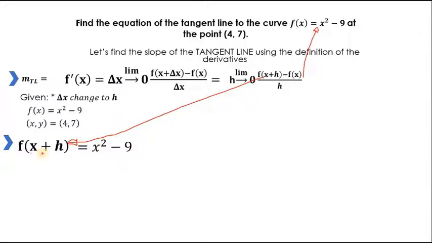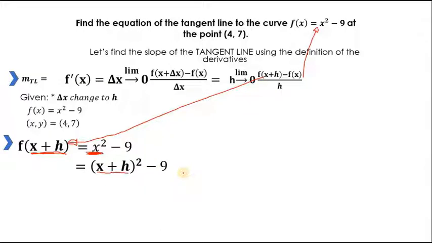You are going to substitute x plus h in all the values of your x's in your function. So I have to put that one inside my variable x, and it will become like this. Again, x plus h put inside the x, and it will become x plus h squared. Just copy squared, copy minus 9 here.